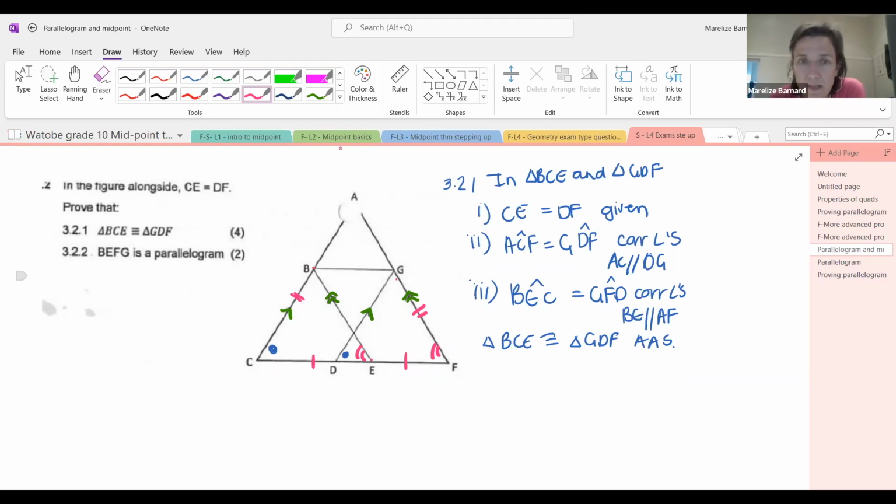Do you know, Miss Nelly? I think he meant CBE, the top part between D and G. It's like alternate angles between the parallel lines CB and DG.